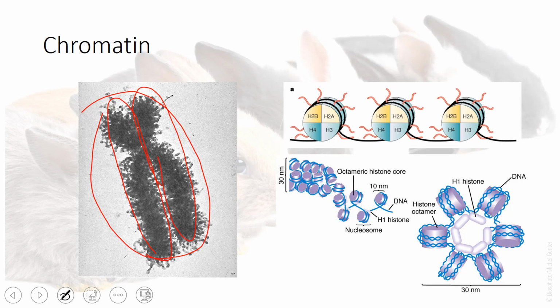Now, even when the chromosome is not in its fully condensed form, the chromatin is still made up of both proteins and DNA. And so you can see over here is what's called a histone octamer, and it is made up of 2 units each of H2B, H2A, H4, and H3.